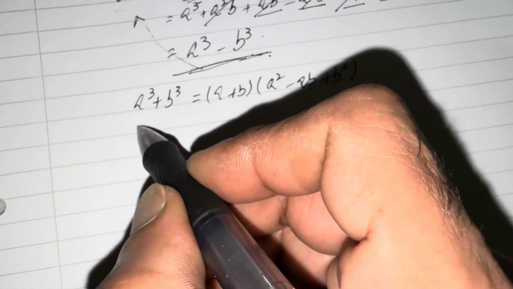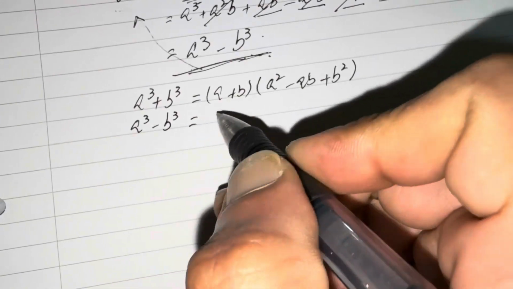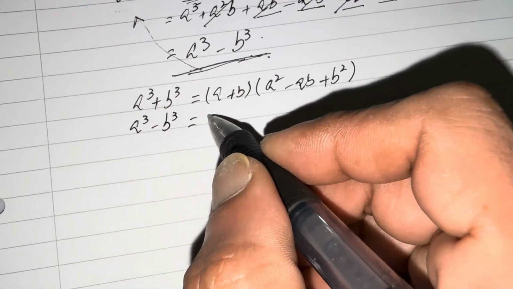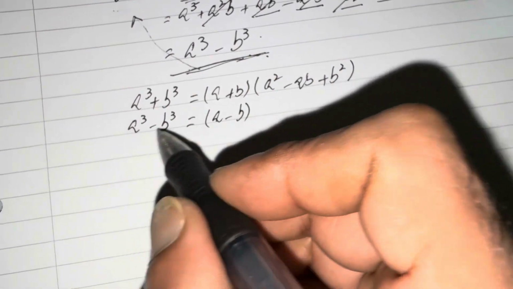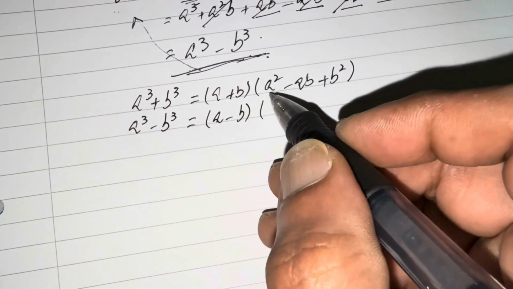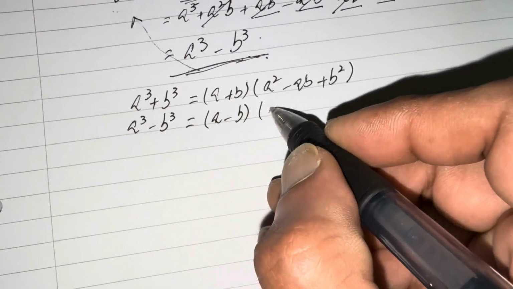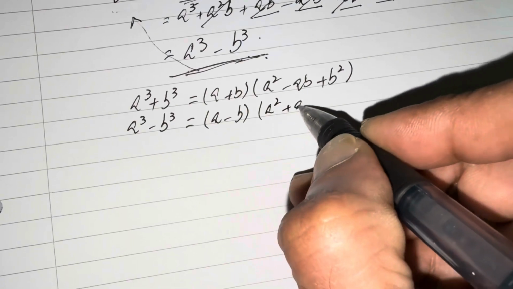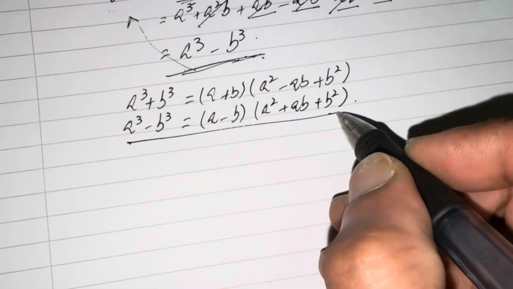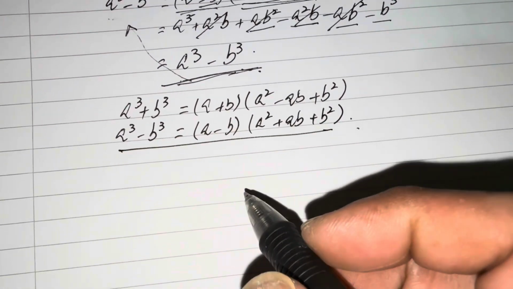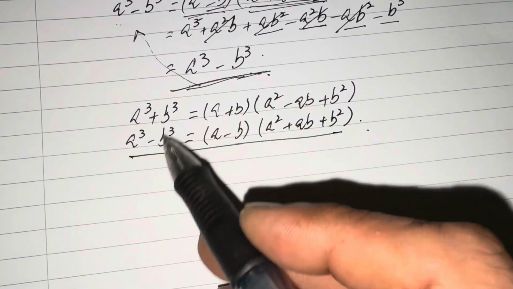And if the sign changes, A cube minus B cube, you can write the formula like that, A minus B, or you can say first minus second, into A square plus AB plus B square. So in our next lecture, we are going to take some examples related to these two formulas.